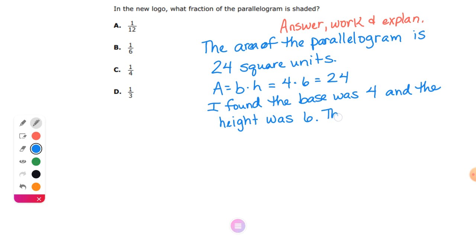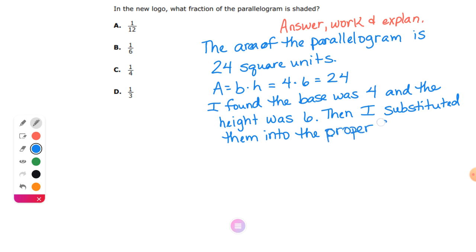Period. Then let's use a big word, substituted them into the formula. Let's write the proper formula, because does the formula matter? Yeah, the formula matters.